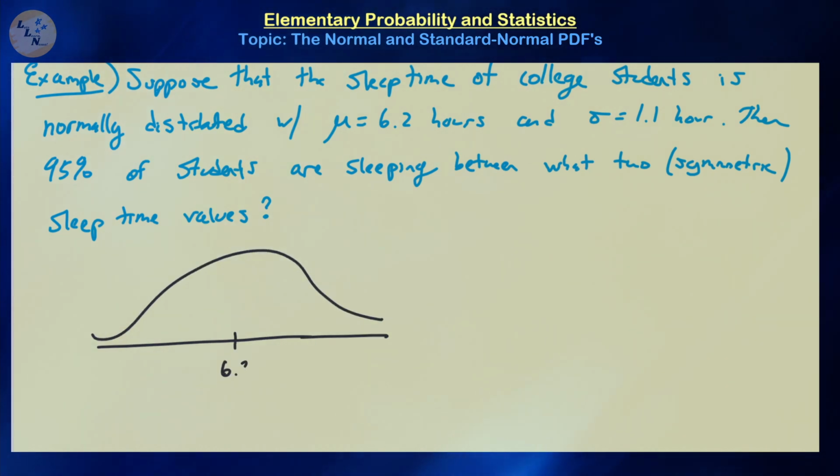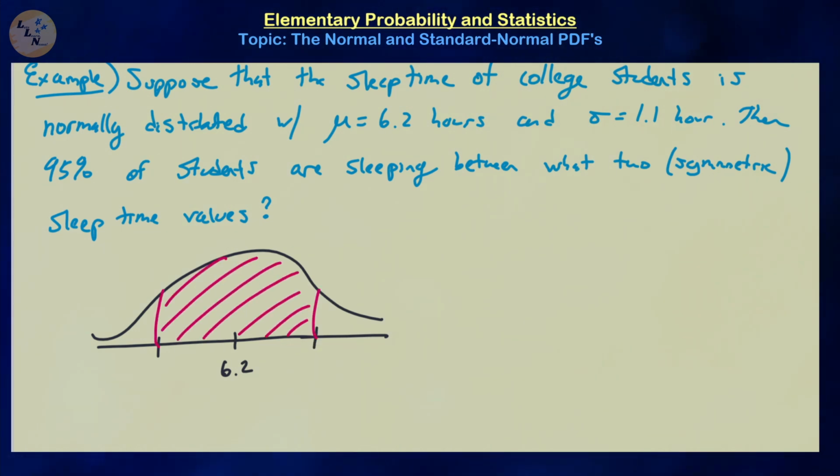So keep in mind here, the mean of this not really graphed normal distribution is something like this, right? And we're looking for two values such that the area between these two values is 95%. So we're looking for an x value in the lower spectrum and an x value in the upper spectrum. So what are these two values equal to?